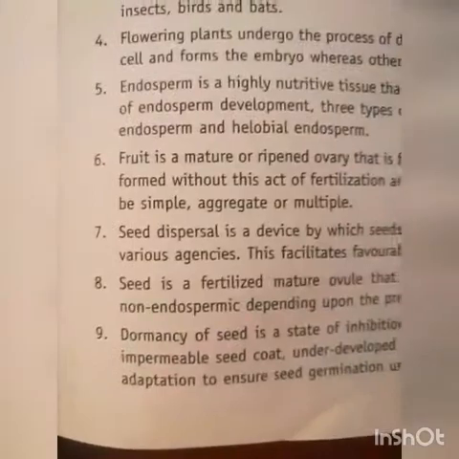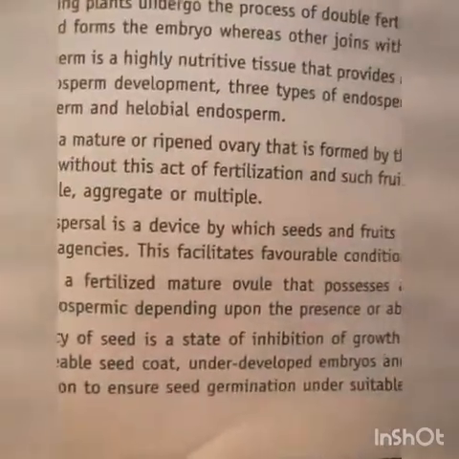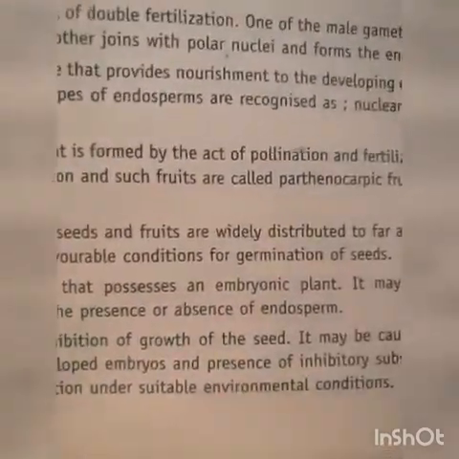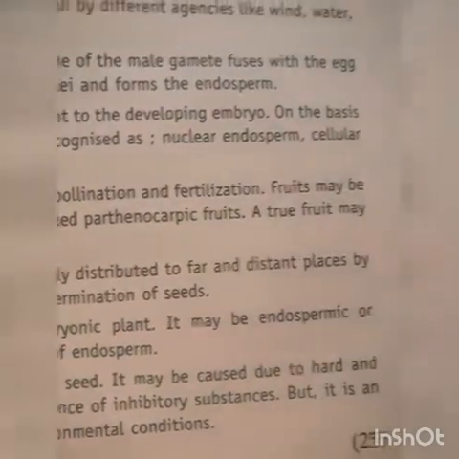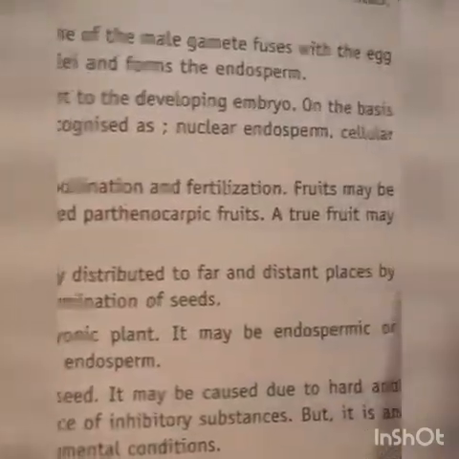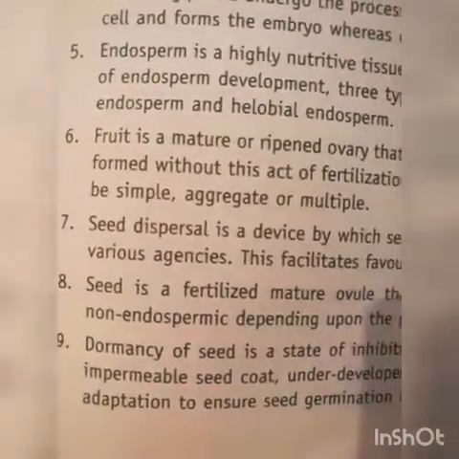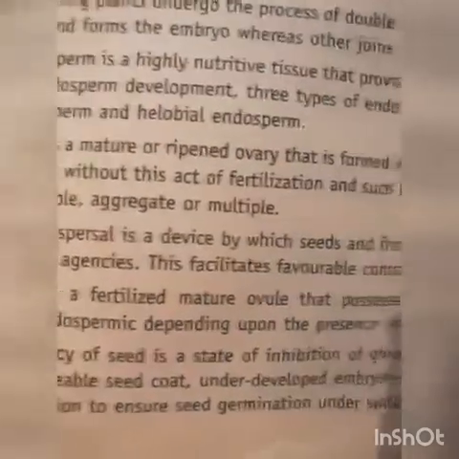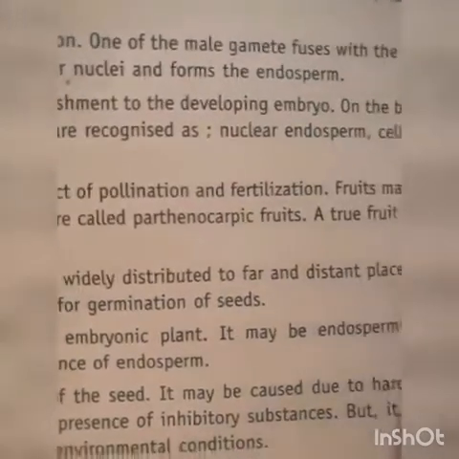Next one, fruit is a mature or ripened ovary that is formed by the act of pollination and fertilization. Fruit may be formed without this act of fertilization, and such fruits are called parthenocarpic fruits.